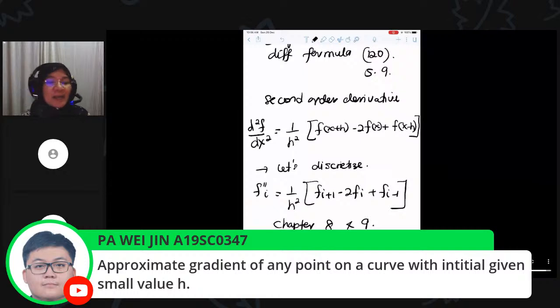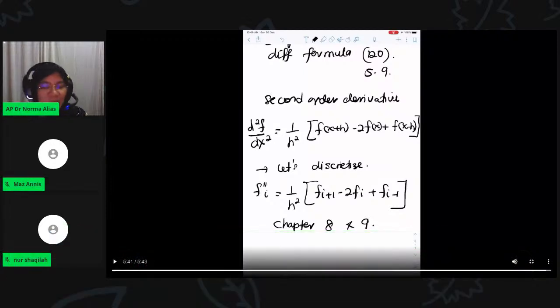Pa said that we learn this because it approximates the gradient at any point on a curve with an initial given small value of h. We are using the finite difference method to find the gradient at a specific point by knowing the initial value. Very good.